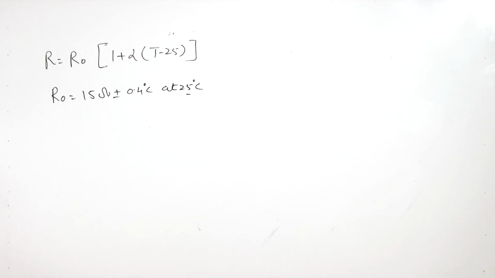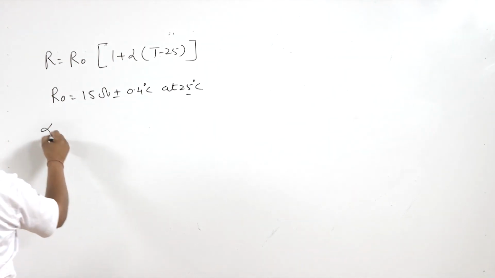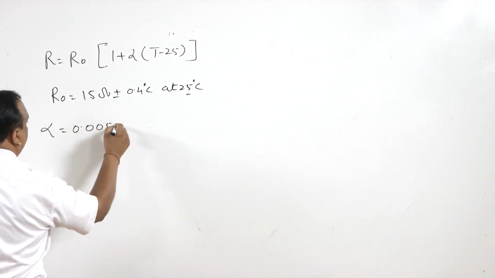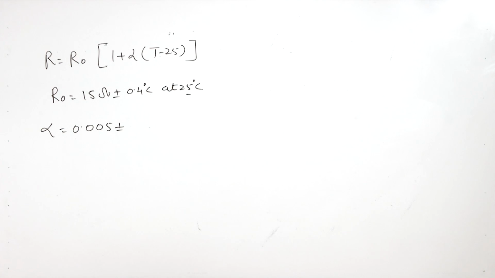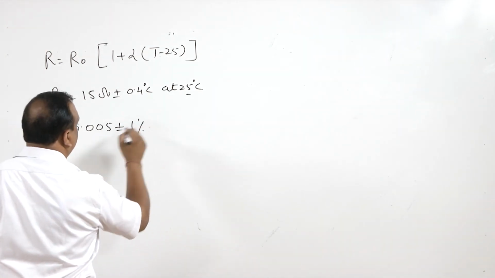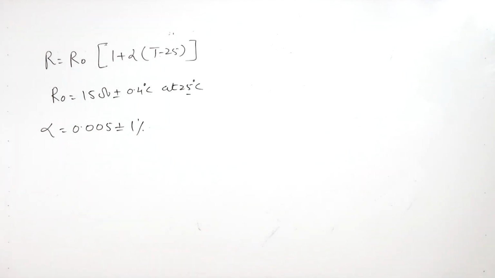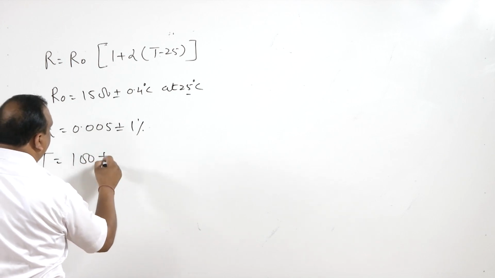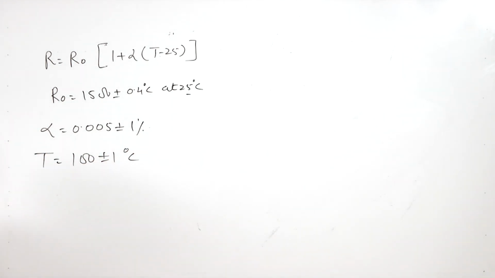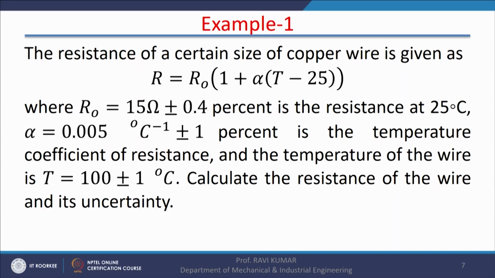Alpha is equal to 0.005 plus or minus 1%. It is in terms of percentage, the temperature coefficient of resistance. The temperature of the wire is T, again 100 plus or minus 1 degree centigrade. Calculate the resistance of the wire and its uncertainty.